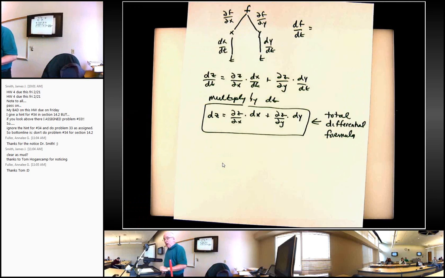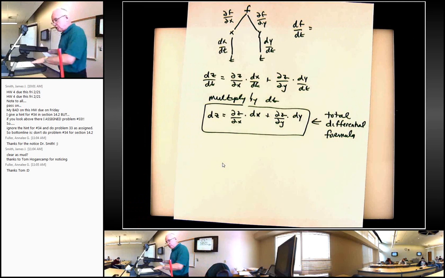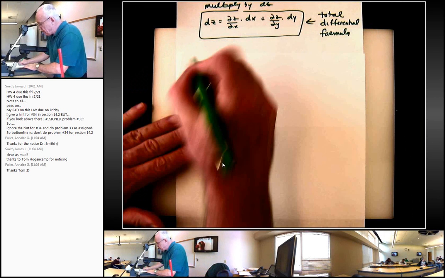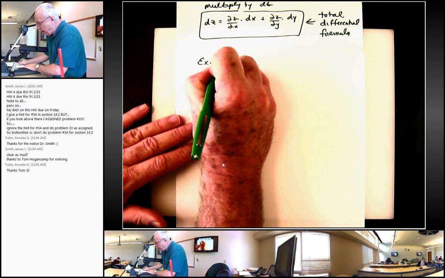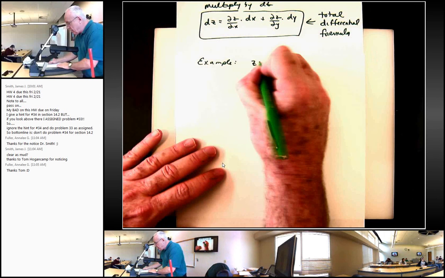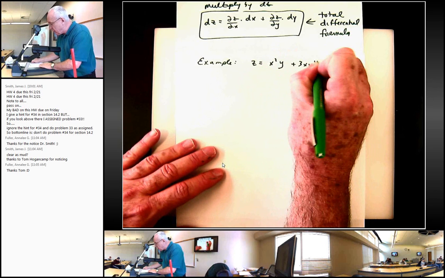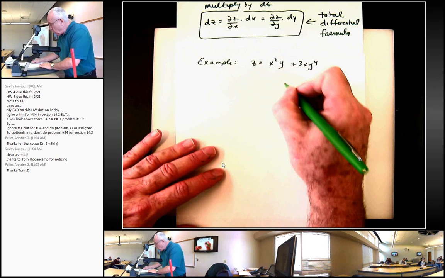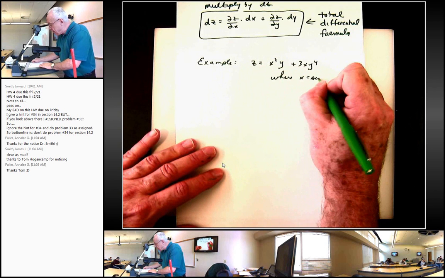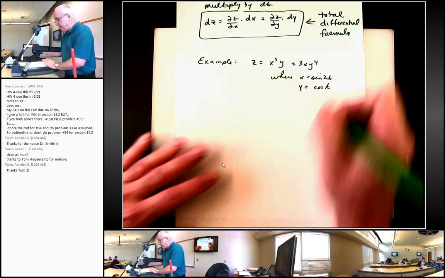All right. So what I want to do here, let's just do a concrete example with the chain rule. And here's our example. Okay, z is equal to x squared times y plus 3x y to the fourth, where x in turn is equal to sine of 2t and y is equal to the cosine of t, okay?